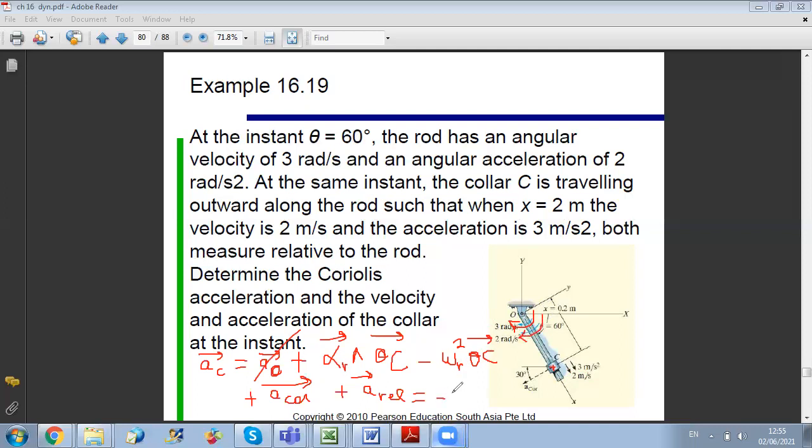So it's minus 2k vectorial OC. The OC vector was found already. The magnitude is 0.2 and it's directed along small i. So vectorial 0.2 times small i, minus omega square. Omega of the rod is 3, so minus 3 square, minus 9 times OC, which is 0.2 i.